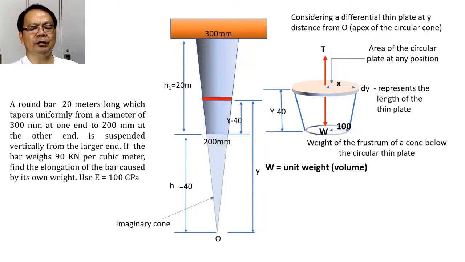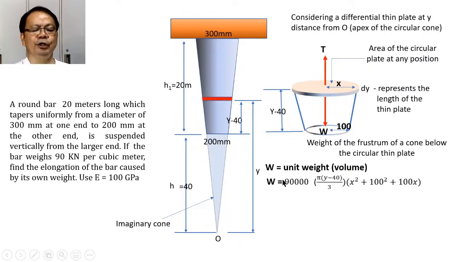the total weight W that will be acting on the thin plate shall be equal to the product of the unit weight multiplied by the volume. And since we are given the unit weight to be 90,000 Newton per cubic meter, multiplied by the volume.